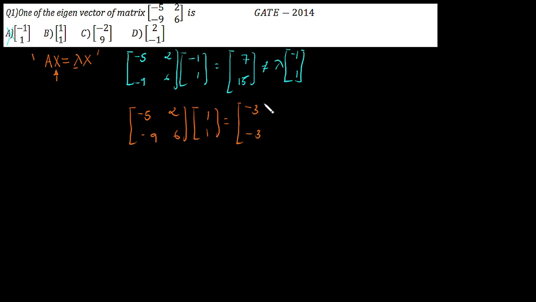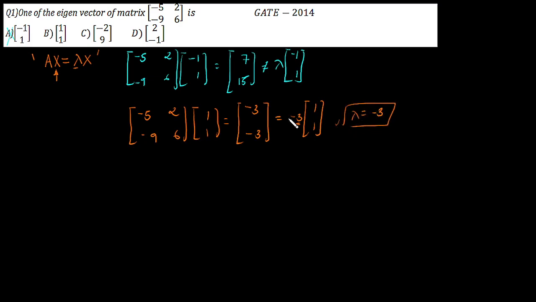So now you can easily see that we can take out -3 from this vector and we are getting the initial one. So let's write it this way: -3 times this 1, 1 vector, which is the initial one. So we have represented this vector as lambda times x, and here the value of lambda is -3.